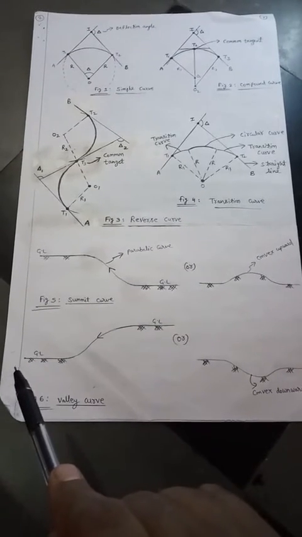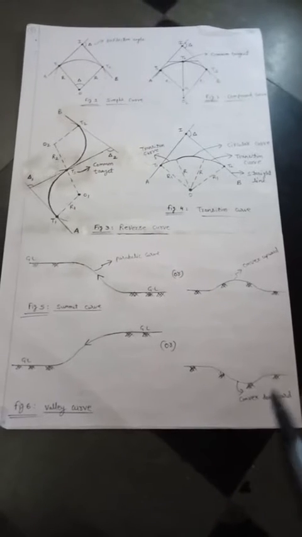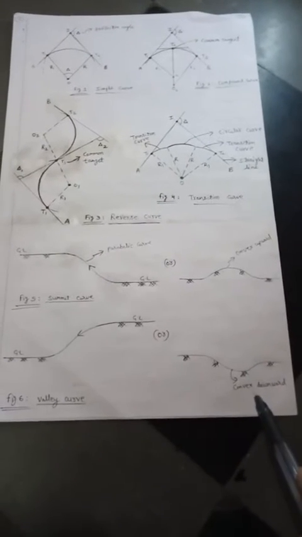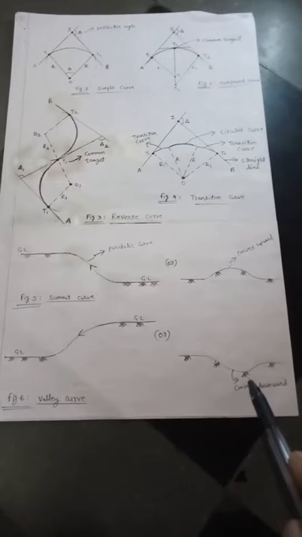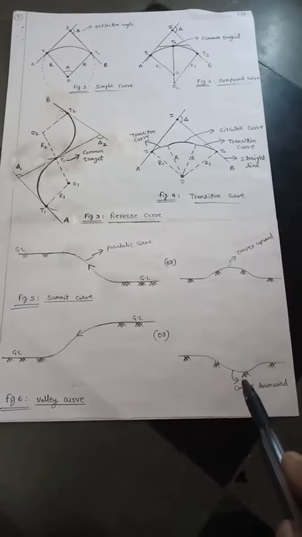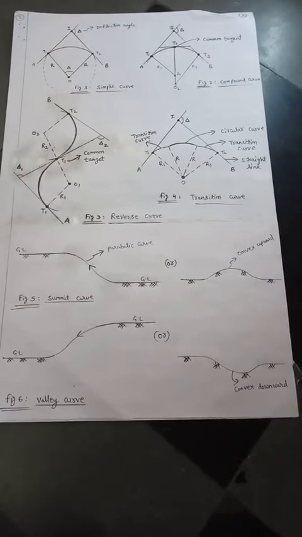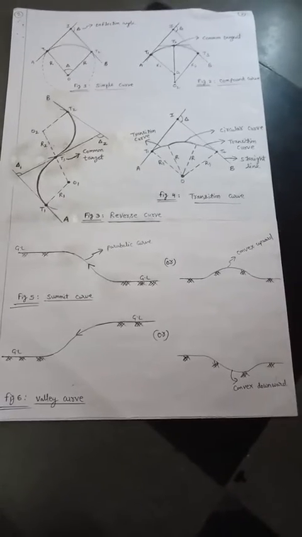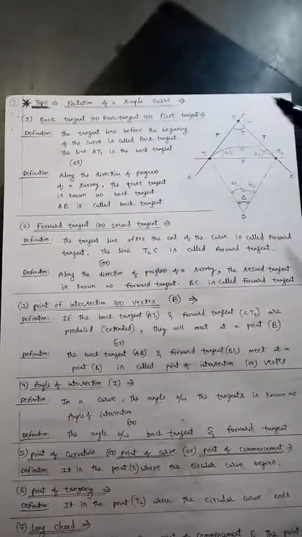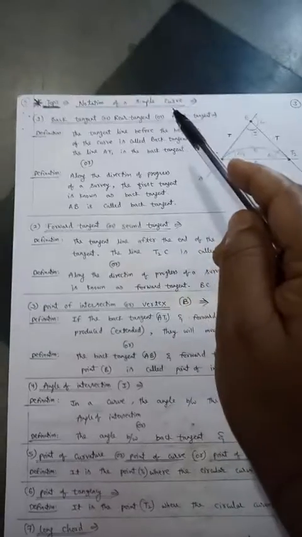One more definition here: when two gradients meet at the valley or sag and the curve will have convexity downward, it is called sag curve.